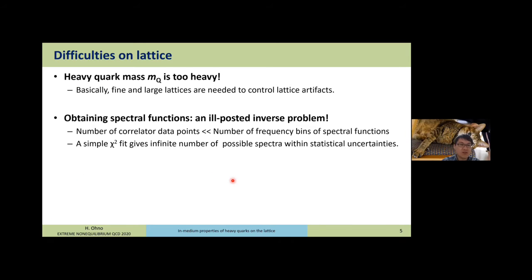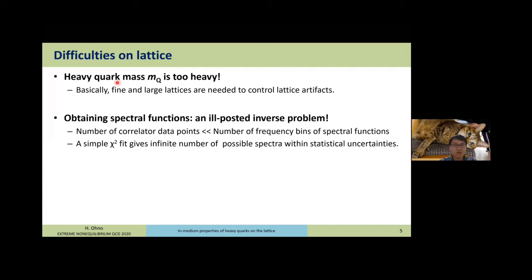There are many difficulties on the lattice in calculating spectral functions, especially the heavy quark spectral function, because the heavy quark mass is too heavy to put on the lattice.